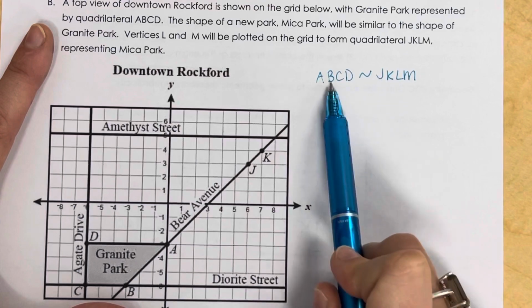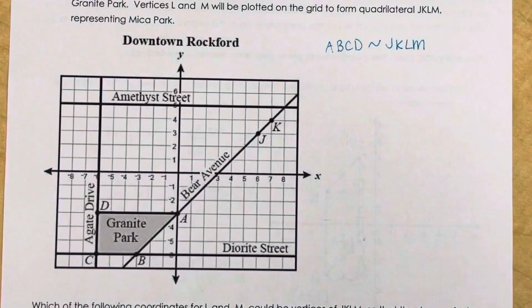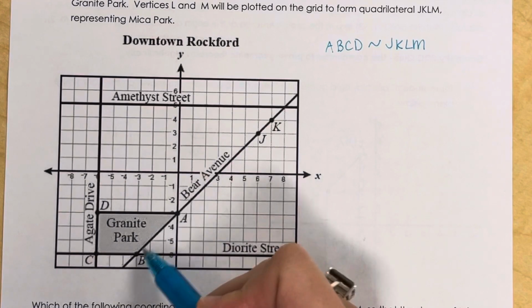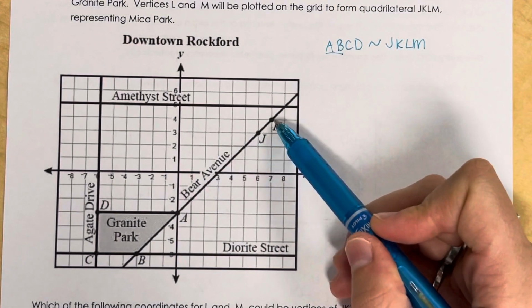A matches with J, B with K, so on and so forth. And that's really important as I'm going through. Now, first thing I want to do is just look for some corresponding sides here, so I can find a ratio of one piece to the other piece. If I look, I'm given points A and B, which are the first 2, and then I'm also given point J and K.